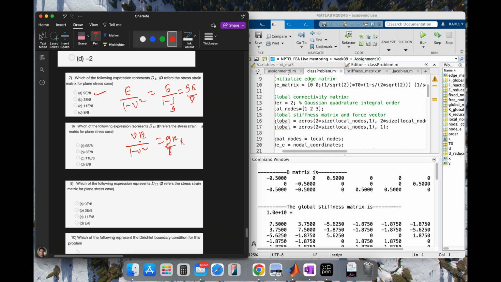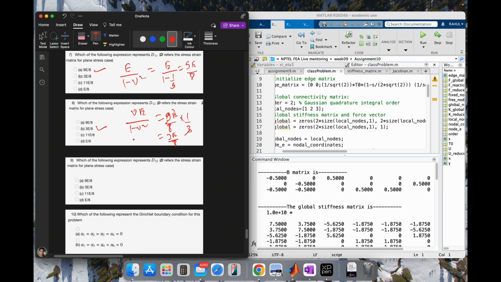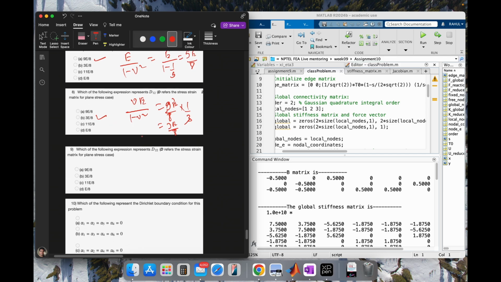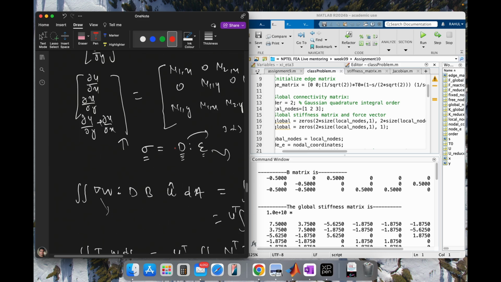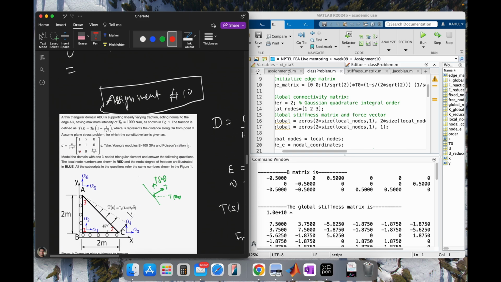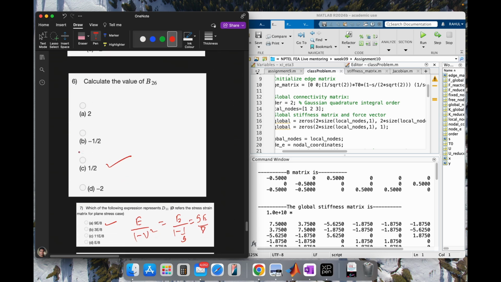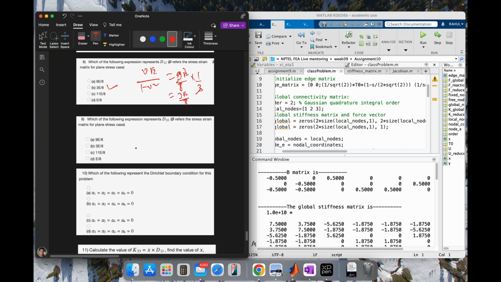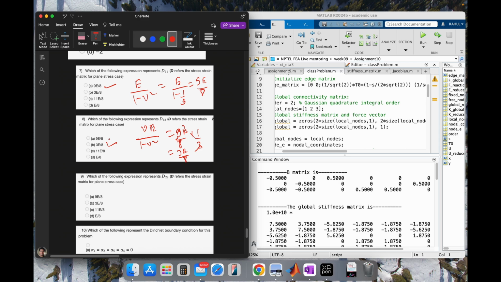Multiply with nu, that will be 1 by 3, so it will be 3E by 8. So 3E by 8 will be the answer. What will be D22? Again the same answer will come, E divided by 1 minus nu square, 9E by 8.